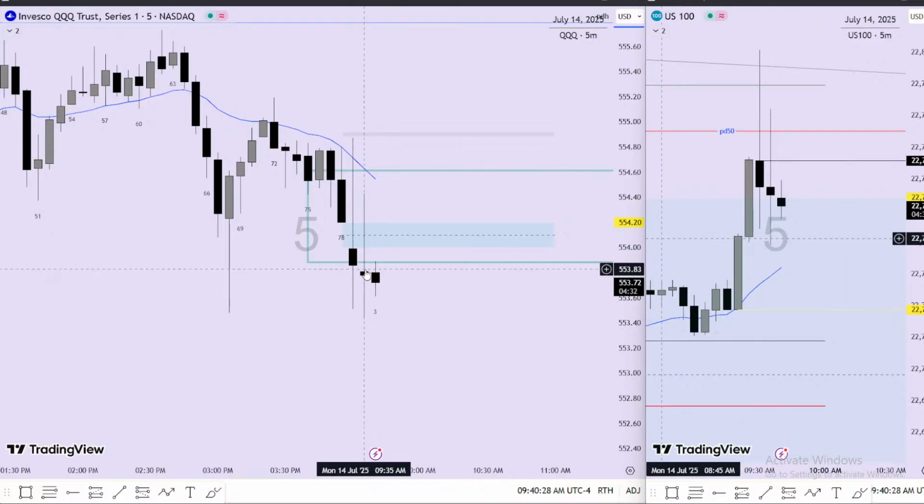The first bar is doji, second bar is doji. Let's see how the third bar will form.